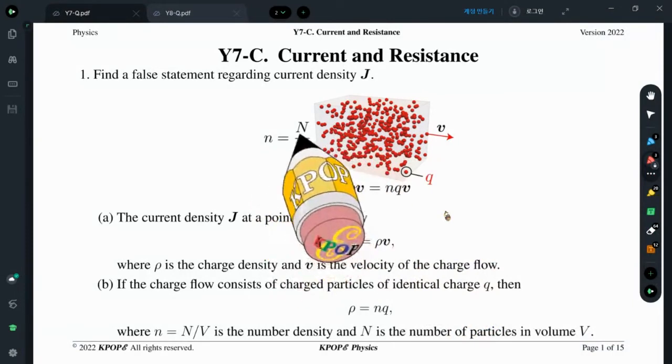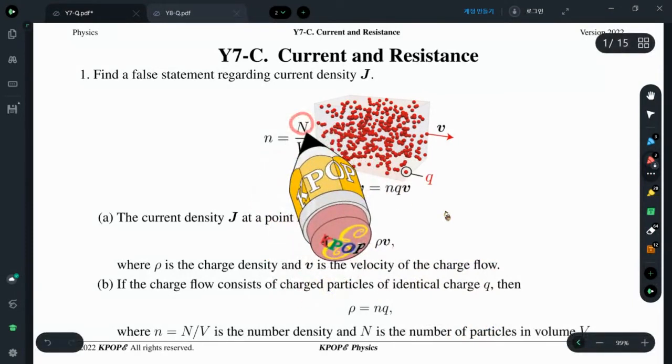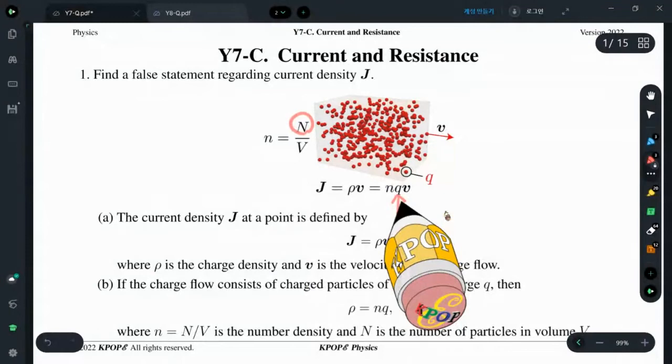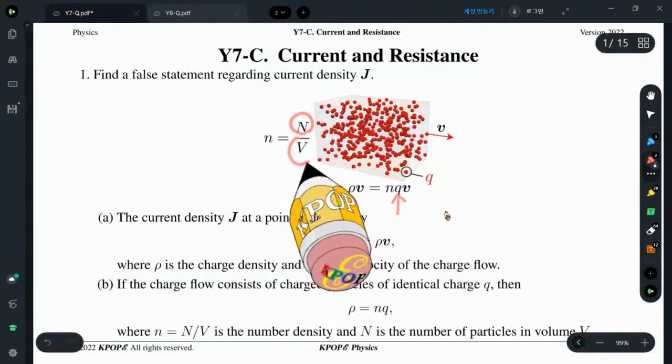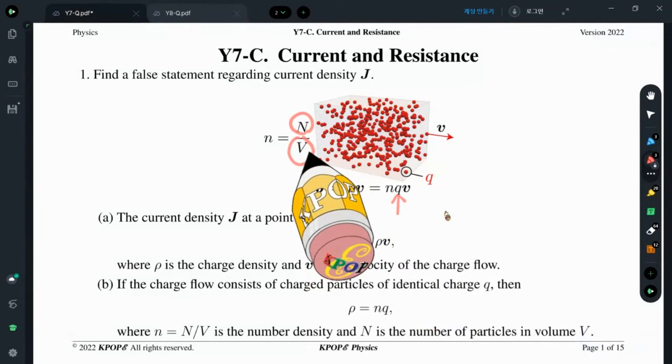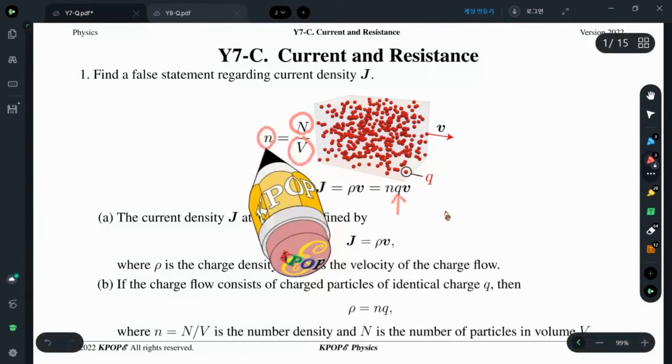Suppose that we have n such elementary charges, each of charge q, contained in volume V. So number divided by volume is called the number density.